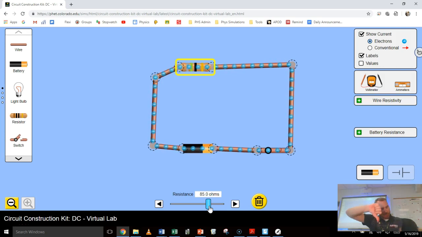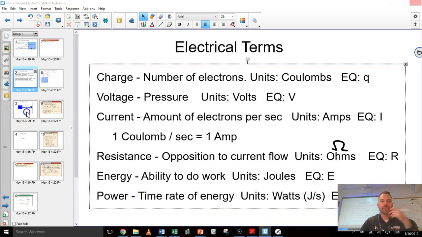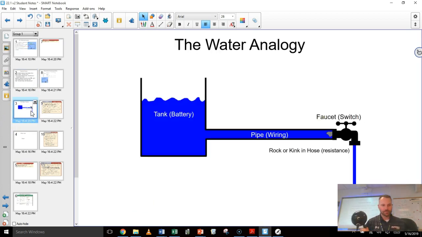Less resistance, more current. That's what indirectly proportional means. Voltage, it's directly proportional. More voltage, more pressure, more current. Less voltage, less pressure. Less voltage, less current. So they're directly proportional, indirectly proportional. That's how current is related to voltage and resistance. Now there's a water simile. A water simile, I guess you could say, or a metaphor.